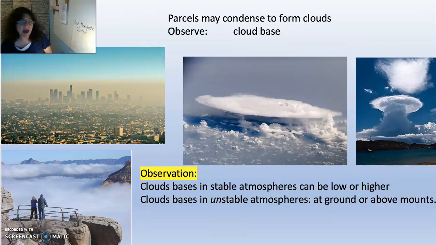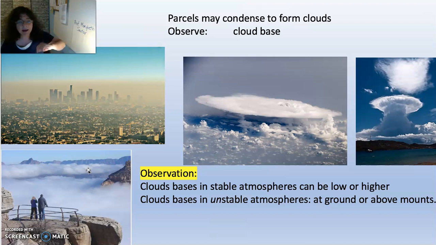And that becomes really important because you can see that in a stable atmosphere, you can have different altitudes for the start of a cloud. This fog starts at ground level in a stable atmosphere. This cloud in a stable atmosphere starts at 1,000 meters high, maybe 1,500 meters high in the Grand Canyon. So you can have different altitudes for that cloud base.